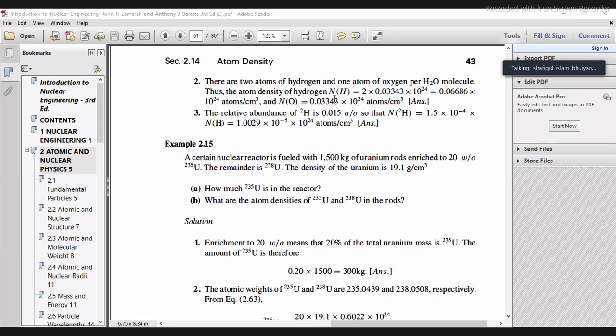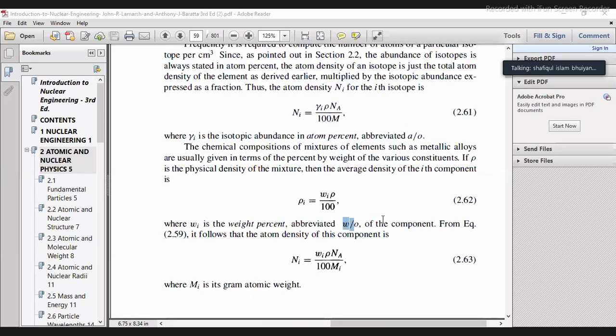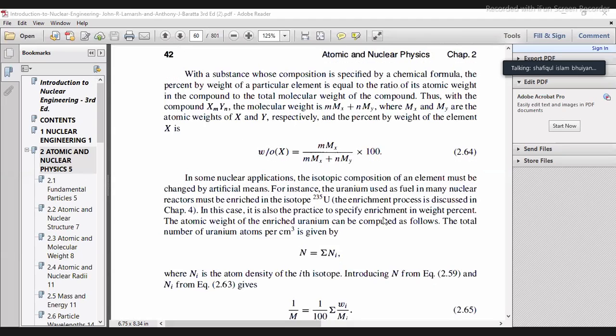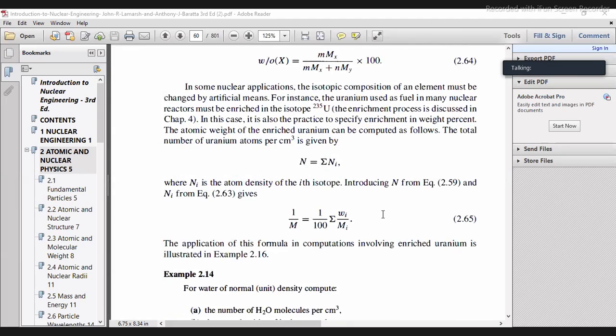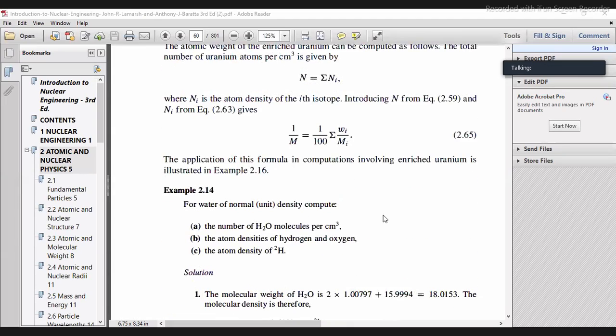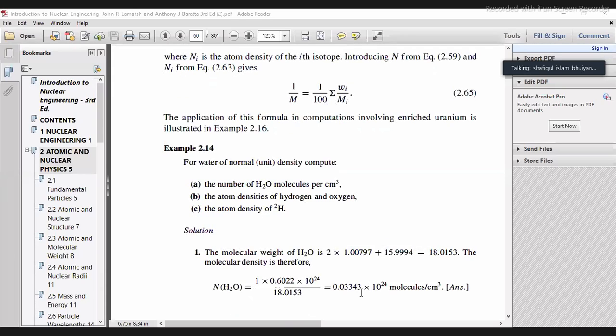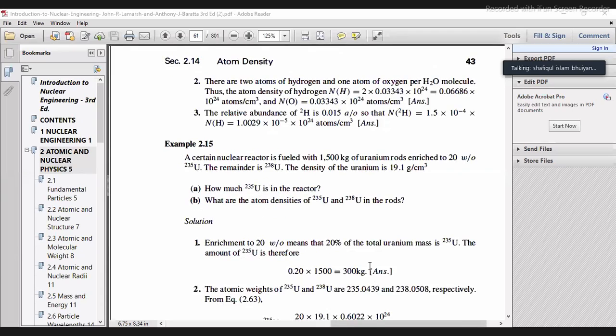So this NH will be the number of atoms, 2, times 0.033, the molecular density we calculated.